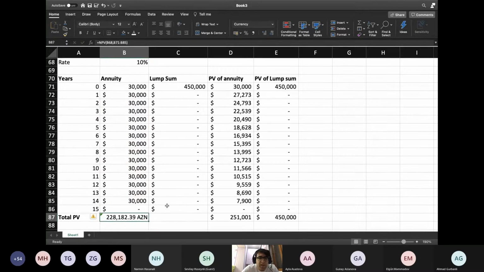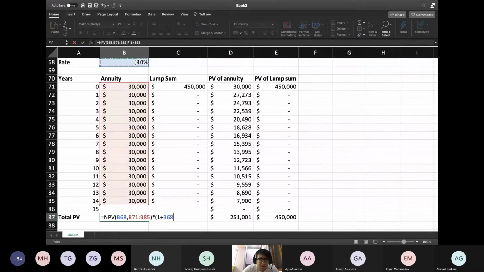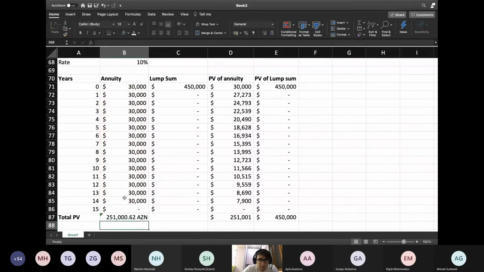Excel took them as ordinary annuities, so therefore we should multiply by 1 plus the rate, so the same amount of money. Because Excel, also the financial calculator, recognizes ordinary annuities. So when you are supposed to find an annuity due, in both future value and present value, you simply multiply by one plus the interest.